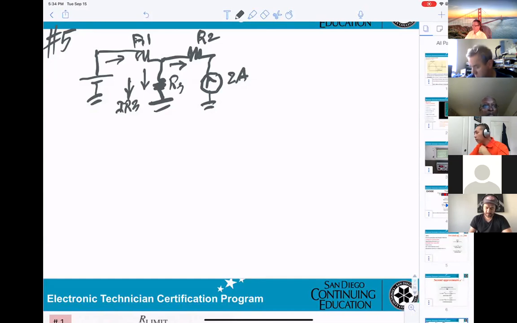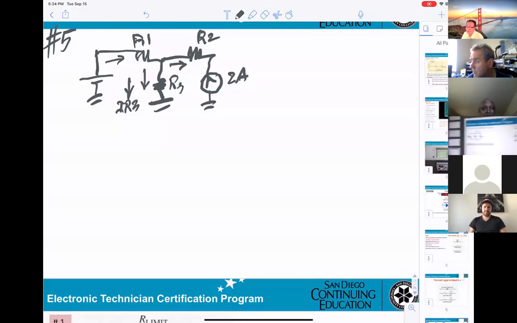Now, if you want to use superposition, that's a theory used for solving circuitry with 2 or more sources, either voltage source or current source. You have to do it one by one.